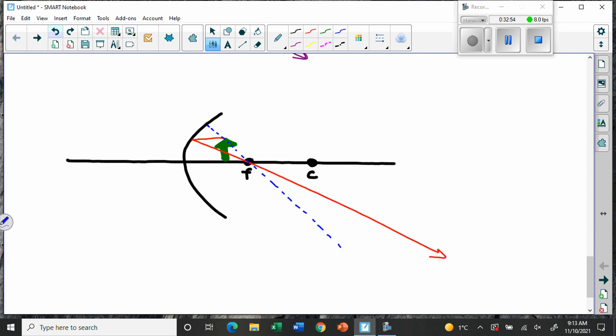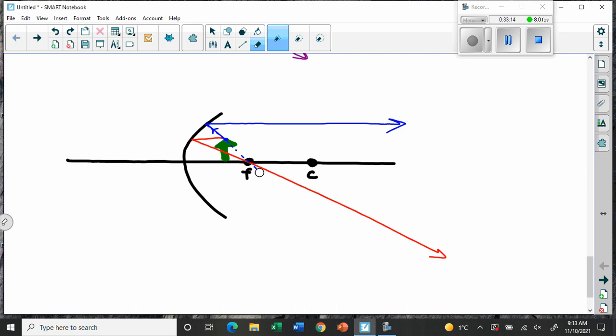So my light ray is going to start at the top and go towards the mirror this way. It's going to go like that towards the mirror, which means it will bounce parallel and it will go out like this. And those lines don't cross. Okay, so we don't really need this dotted blue line. I'm only drawing that to show you what to imagine, right? So that's not really necessary. But our lines don't cross, so there's no image.